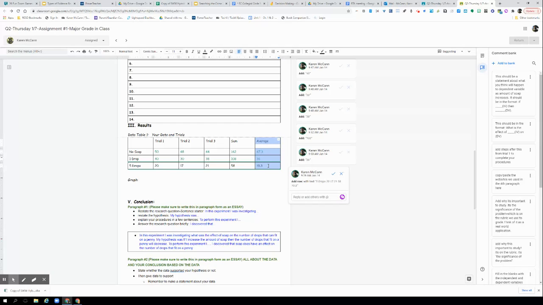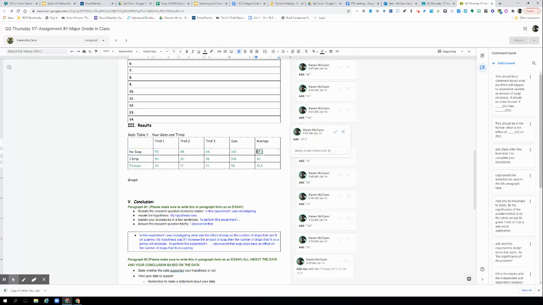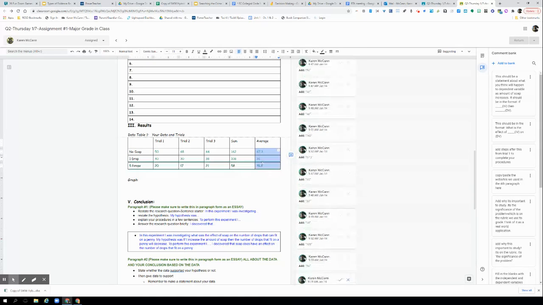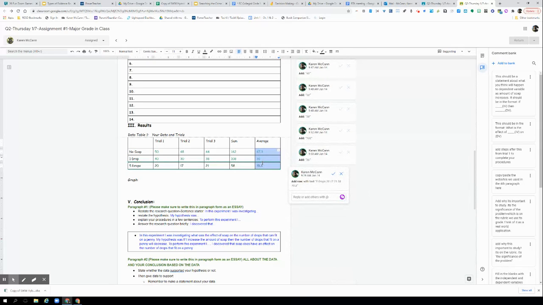As my amount of soap increased, from no soap to 1 drop to 5 drops, so the soap is increasing this way, what happened to the number of drops? For me, the number of drops consistently decreased. And so that's going to be my results.